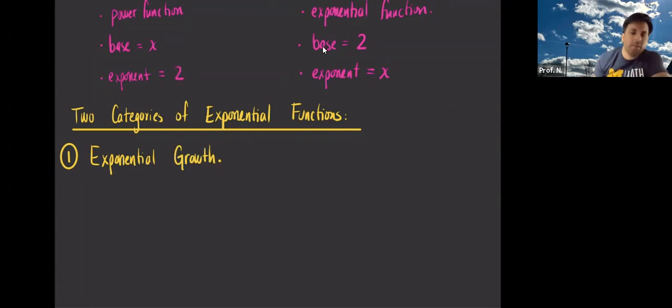This is when your function grows. And when does that happen? Exponential growth occurs when your base, b, is bigger than 1.